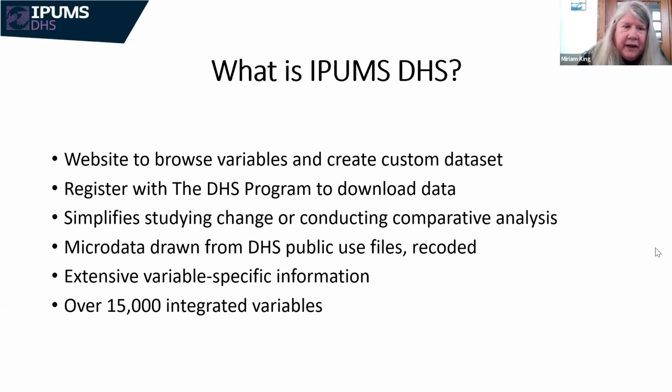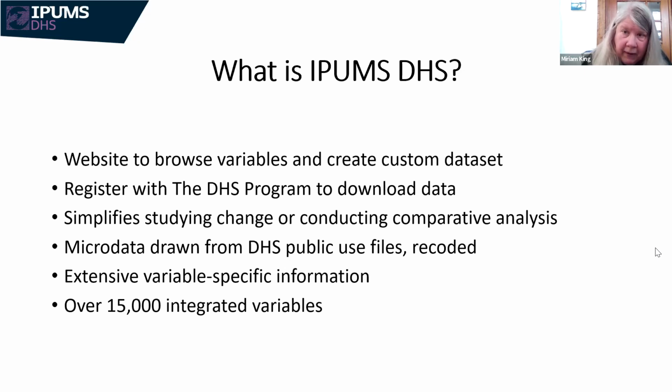IPUMS DHS is especially useful for studying change over time or conducting comparative research across multiple settings, multiple countries. Our source material is drawn from the DHS public use files, but we recode the data to make it consistent across time and place.